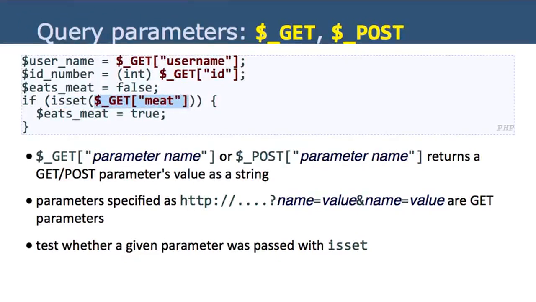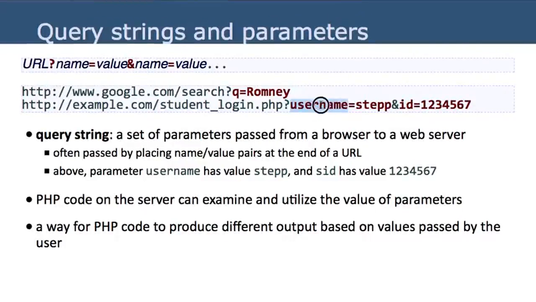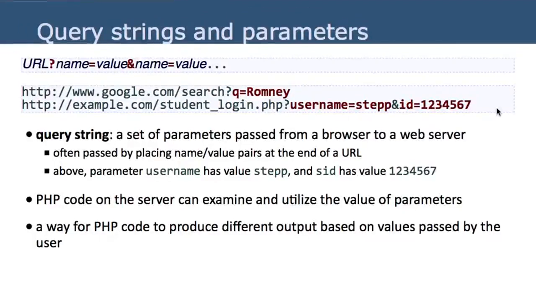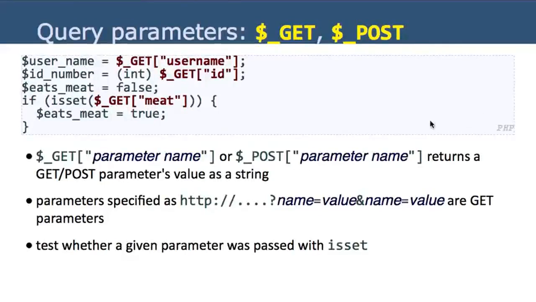So back here, I only supplied these two parameters. I could optionally supply a third parameter, ampersand meat equals false, or meat equals true or something. And if I supplied that, then it would override this value for eatsMeat equals false and make it true.